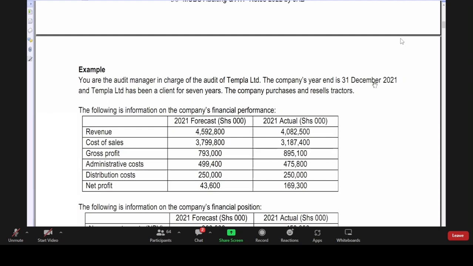Then you also have to note the reporting deadlines of the particular industry. For example, for banks and insurance companies, our reporting deadline is 31st March. So by 31st March, we must have submitted these accounts to the regulators. The regulator for the banks is Bank of Uganda. The regulator for insurance companies is the Insurance Regulatory Authority. So that is very key.